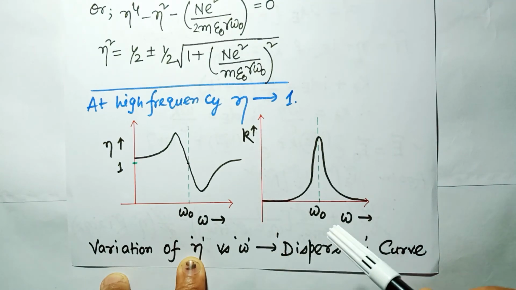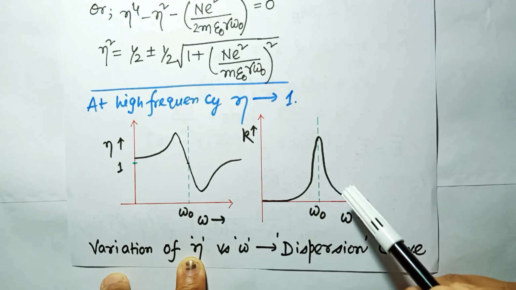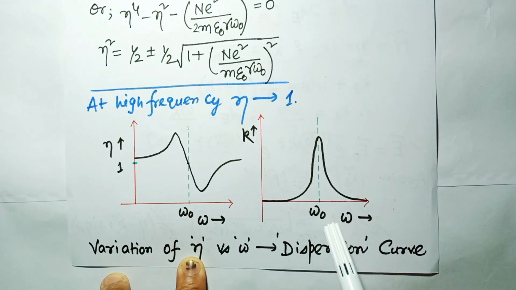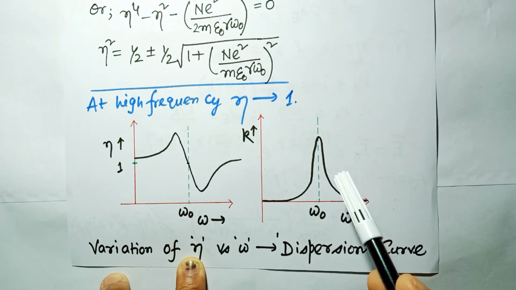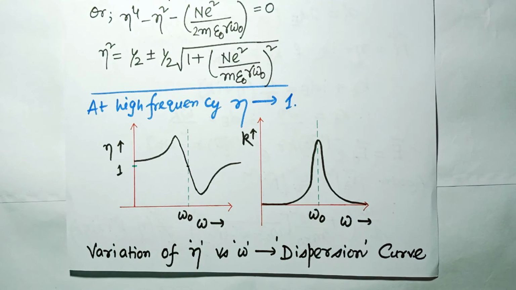So kappa peaks at omega equal to omega 0, and when omega is less than omega 0 or far greater than omega 0, it decays. Now the graph shows the typical behavior of the real and imaginary part of the refractive index with frequency. The variation of eta versus omega is called the dispersion curve.